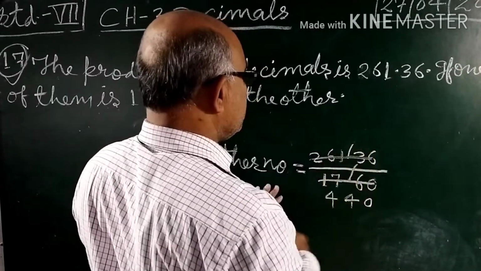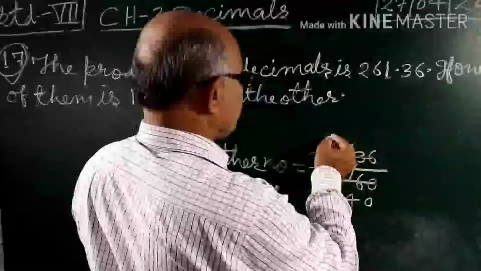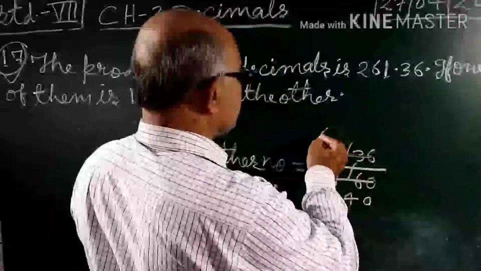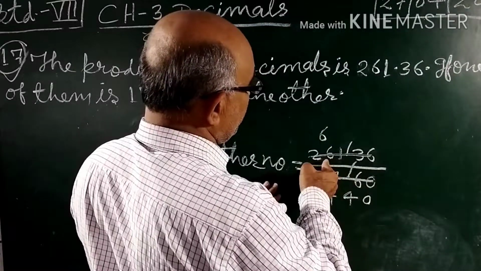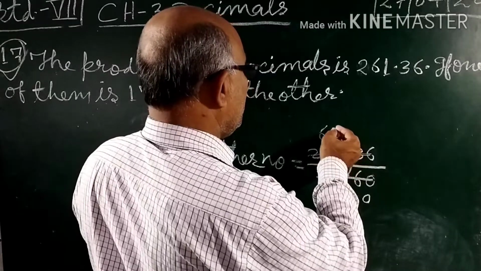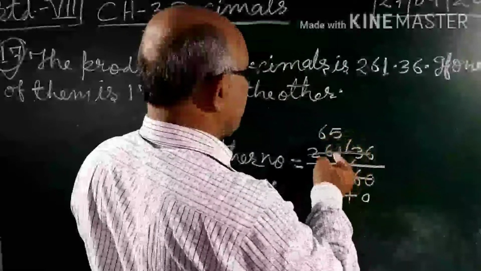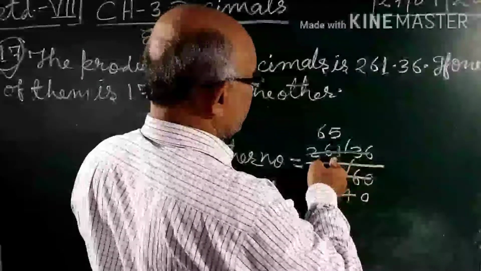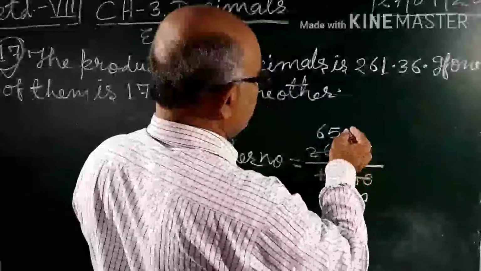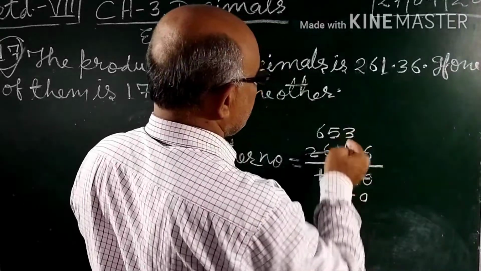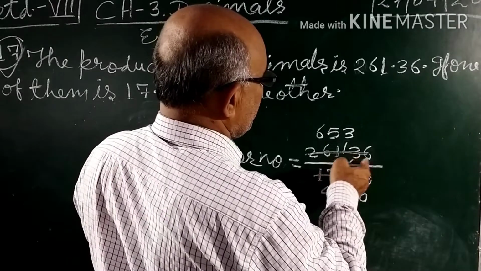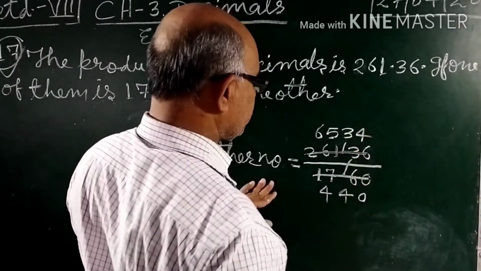Also cancel 4 times. 4 sixes are 24. 4 fives are 20. 4 threes are 12.